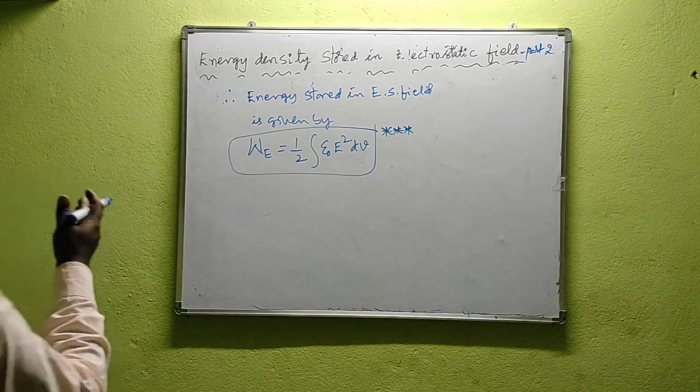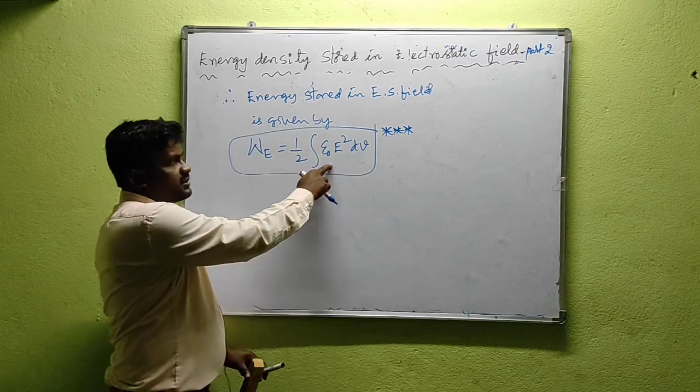This expression is important: W equal to 1 by 2 integral epsilon naught E square into dV.